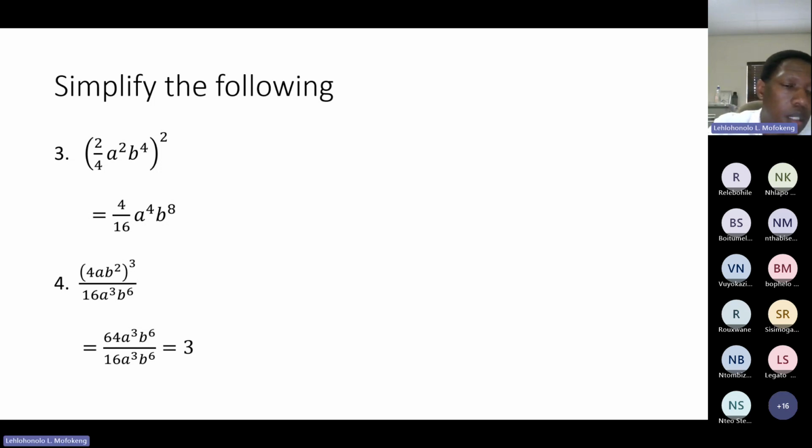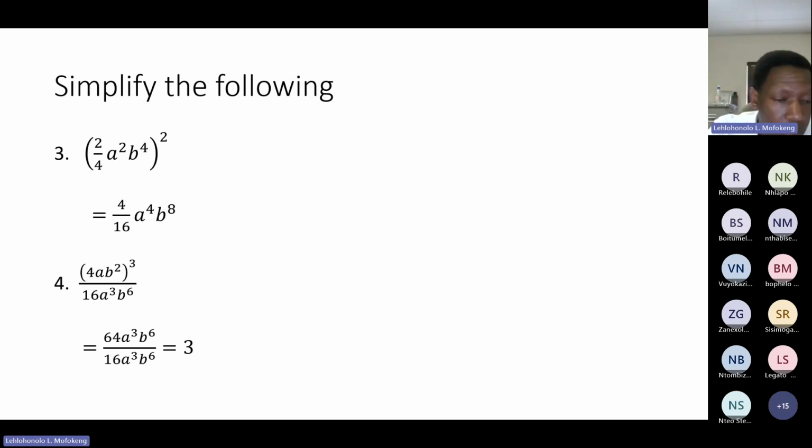B squared must be raised to exponent of 3. If you raise b squared to exponent of 3, exponent 2 must be multiplied by exponent 3, and it will give us b to exponent of 6. And then the whole numerator must be divided by 16a cubed b to exponent of 6.